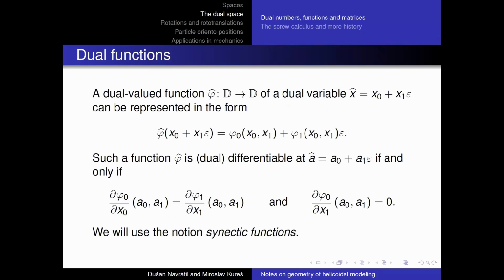This is how such a dual function looks like, where phi 0 and phi 1 are the real functions of 2 variables. And it can be proven that such a function is differentiable if and only if those 2 conditions hold. And if so, we would call them synectic functions.